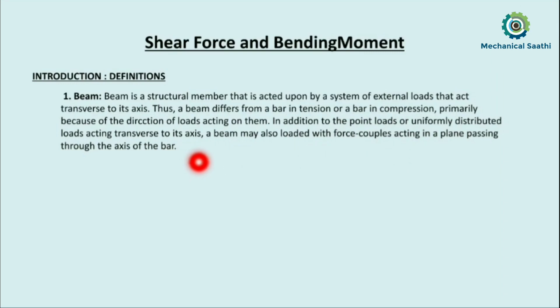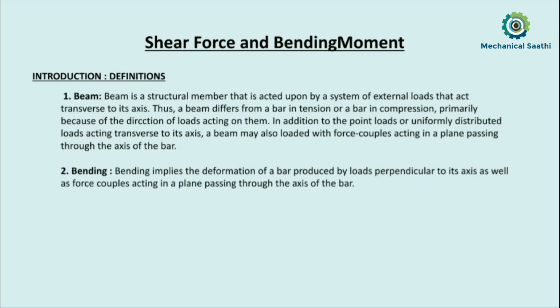After understanding what a beam is, let us understand what bending is. Bending means that whatever load is applied on the beam causes some deformation. The deformation caused by the load applied on the beam is known as bending. Let us read the definition.